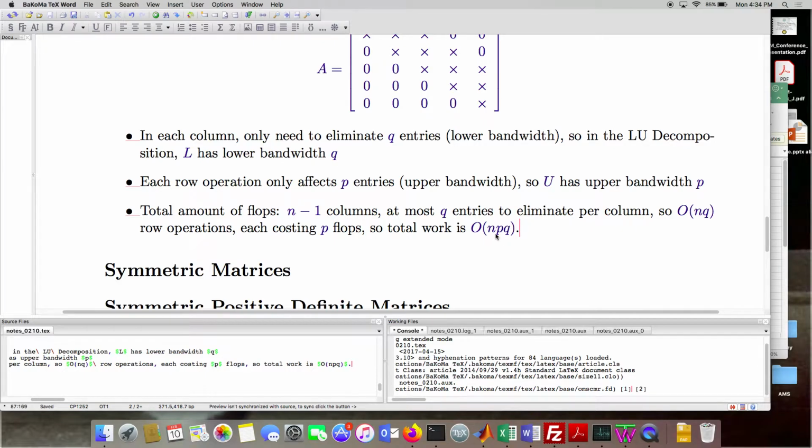But if P and Q are independent of n, like a constant bandwidth, for example, a tridiagonal matrix where P and Q are both 1, then having a matrix be banded eliminates 2 orders of magnitude from the total work. So an algorithm that seems quite expensive, Gauss elimination in general, order n cubed operations, now takes order n. So it becomes a much faster process.